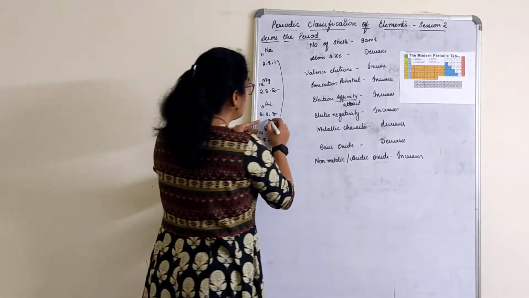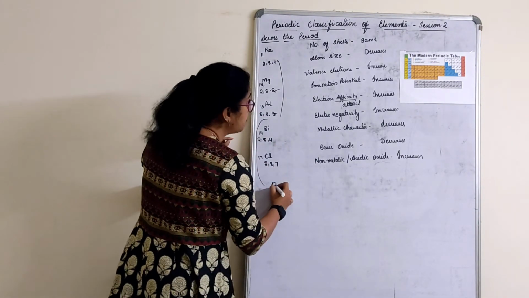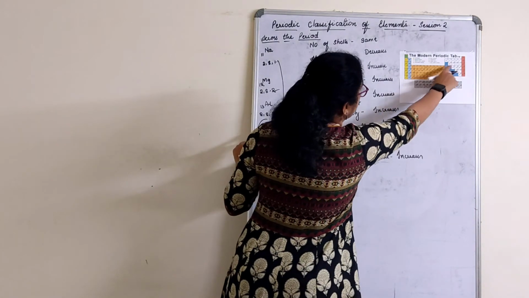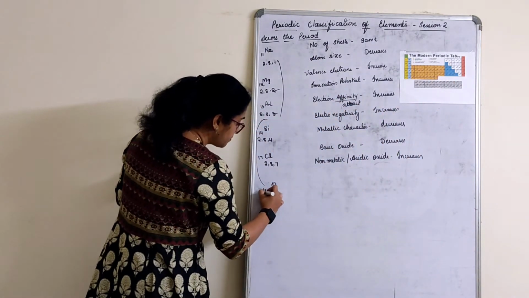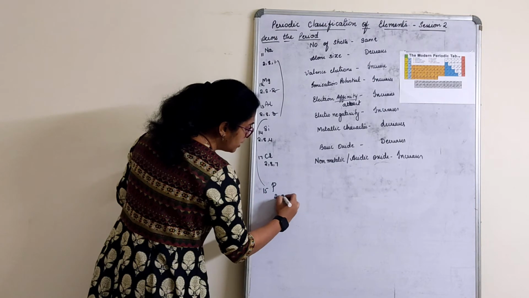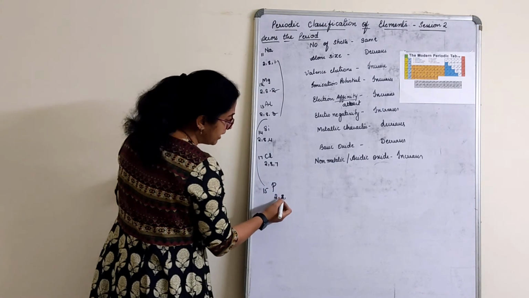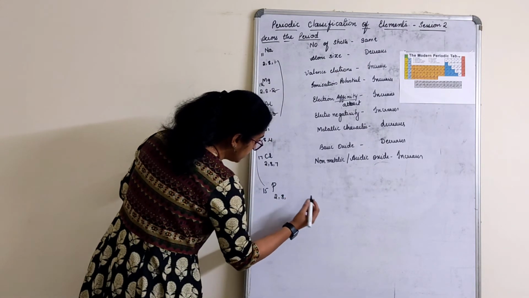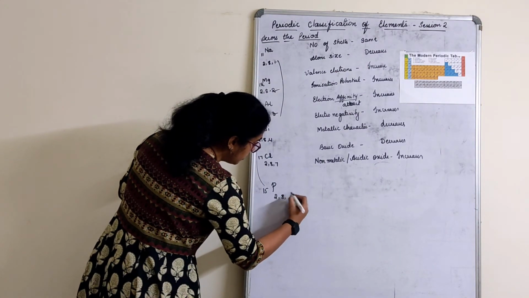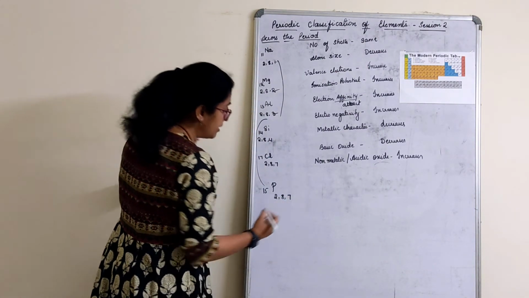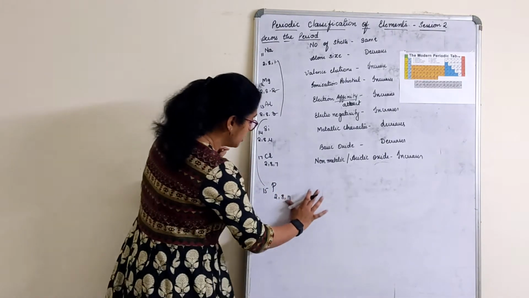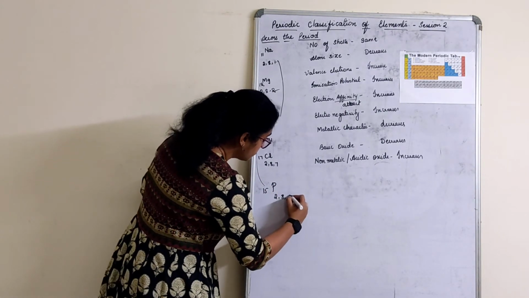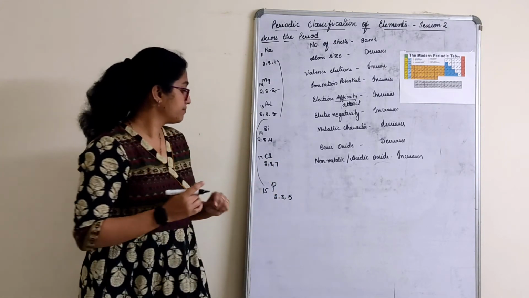I have not written phosphorus here. For example, phosphorus atomic number is 15, right? So 2, 8. So here what you get? 7 will be the last one, not 7 children, 5.